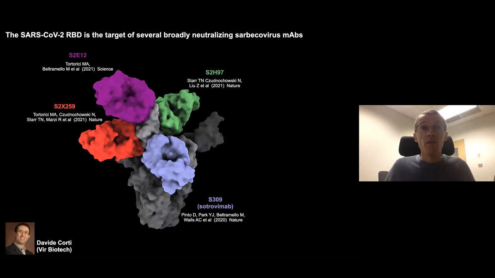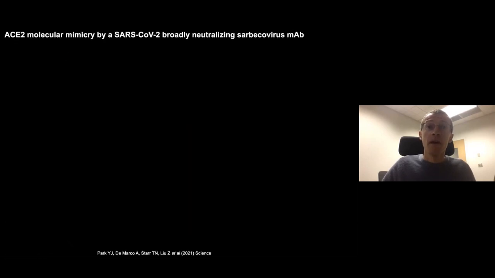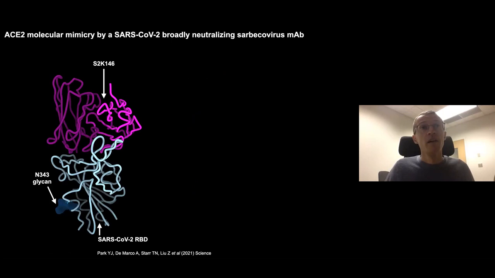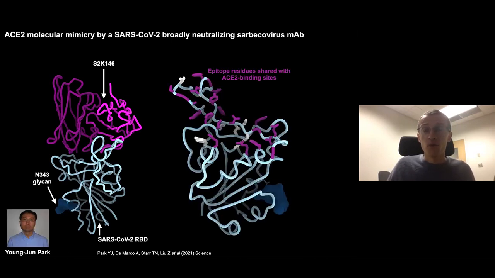So one of the things to keep in mind is that all the broadly neutralizing SARS-CoV virus antibodies found to date, these are the ones we worked on, target the RBD, suggesting the RBD is probably still a good target for eliciting broad immunity against SARS-CoV viruses. And actually, we very recently found an antibody that was not on the previous slide that recognizes the receptor binding motif through contacting residues that are exactly the same.